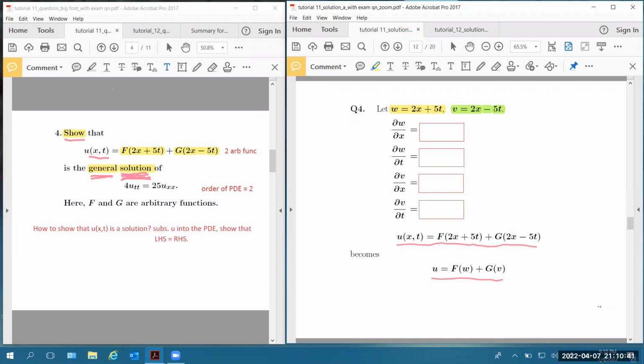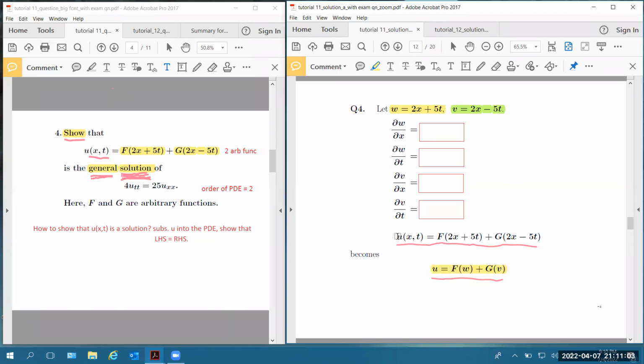So what we do here is call them by different names. I'll call w equal to 2x plus 5t, and v equal to 2x minus 5t. Then the thing you want to show is a solution will become like this.